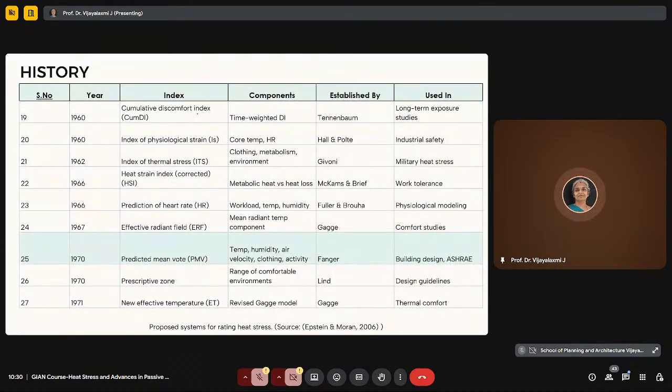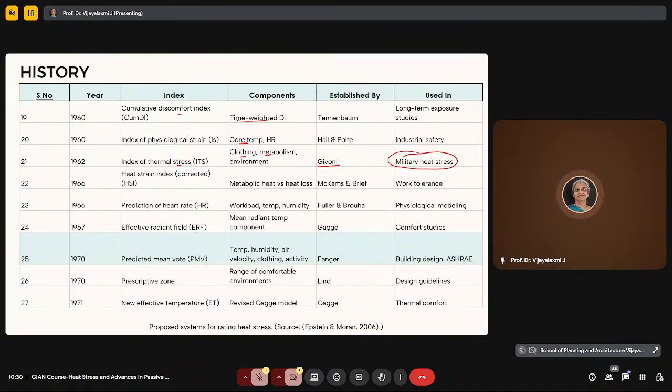Then the cumulative discomfort index, this uses time weighted discomfort index. Then index of physiological strain uses core body temperature. Index of thermal stress uses clothing and metabolism combined with the other environmental parameters and is useful for military heat stress. And then this was established by Burroughs Kiwani.